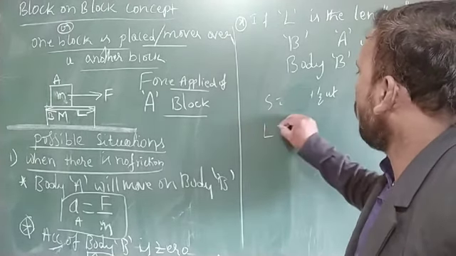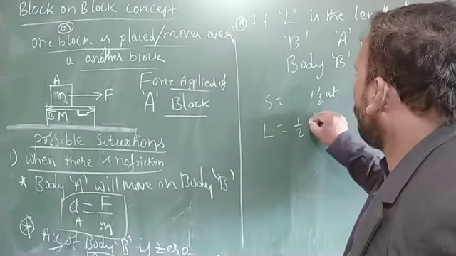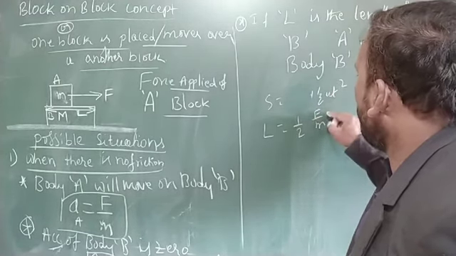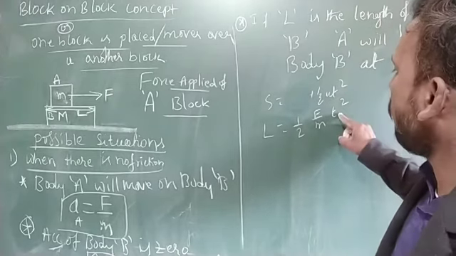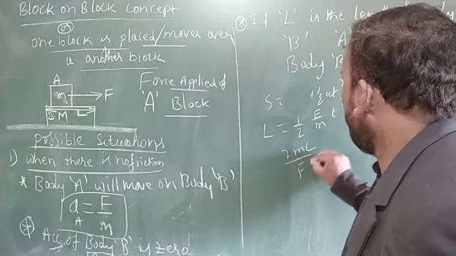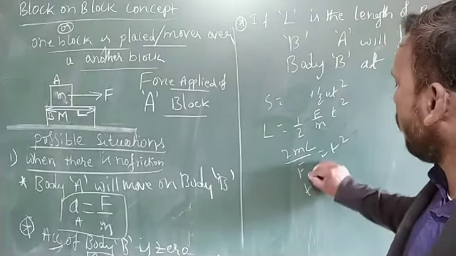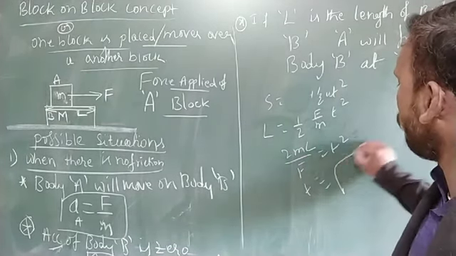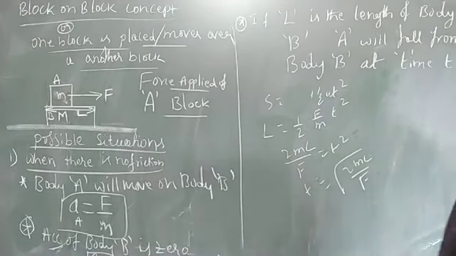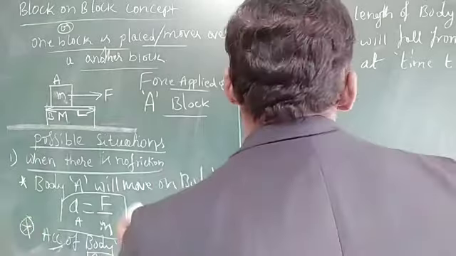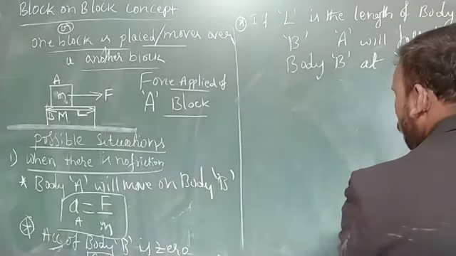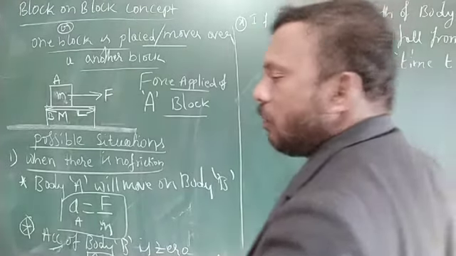S is equal to L, and a is F divided by m. We want t, therefore 2mL divided by F is equal to t square, so t is equal to square root of 2mL divided by F. By using kinematic equations, we can solve the time taken for body A to fall from B.